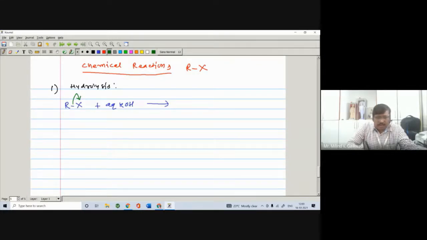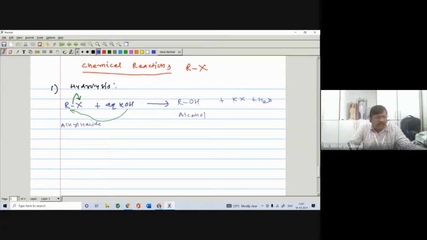So the OH minus will attack the R positive, and you get ROH, an alcohol, starting from the alkyl halide, right? And the byproducts are KX and water, H2O.